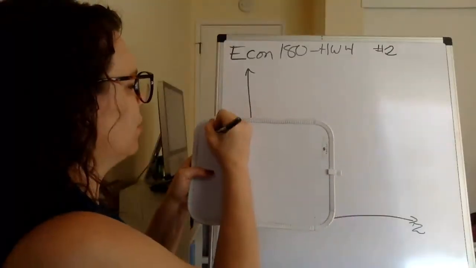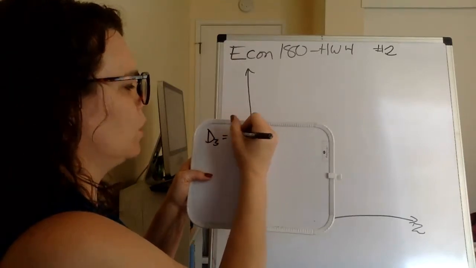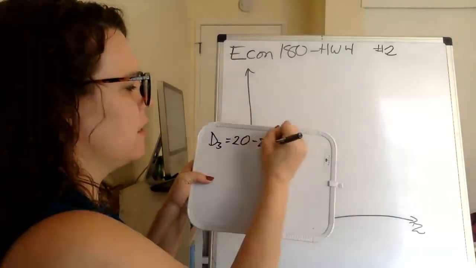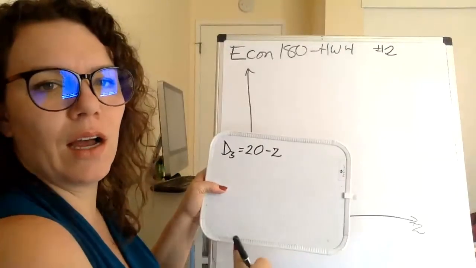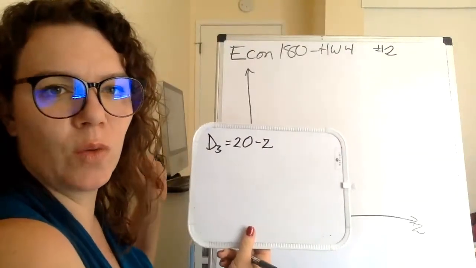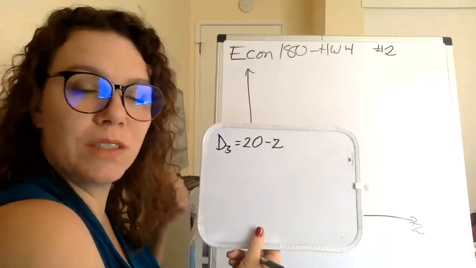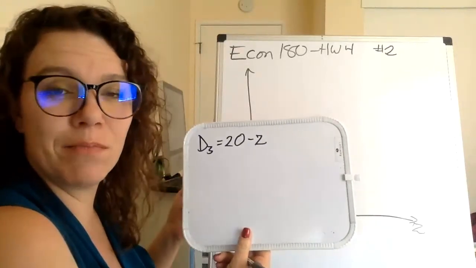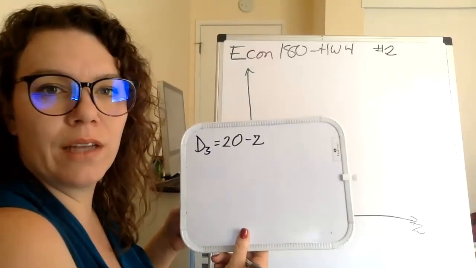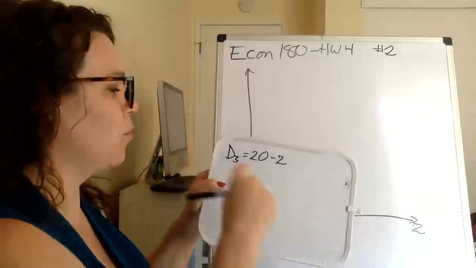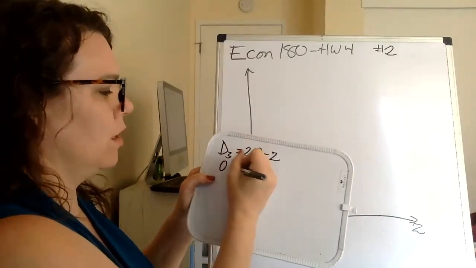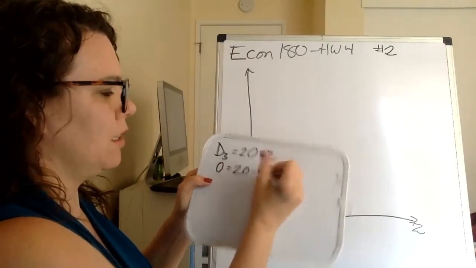So we've got, for example, demand 3 is equal to 20 minus z. I can find how much they value a level of z equal to 0 and how much z they demand when d is equal to 0. That'll give me my 2 endpoints. If d is equal to 0, then it's 20 minus z equals 0.